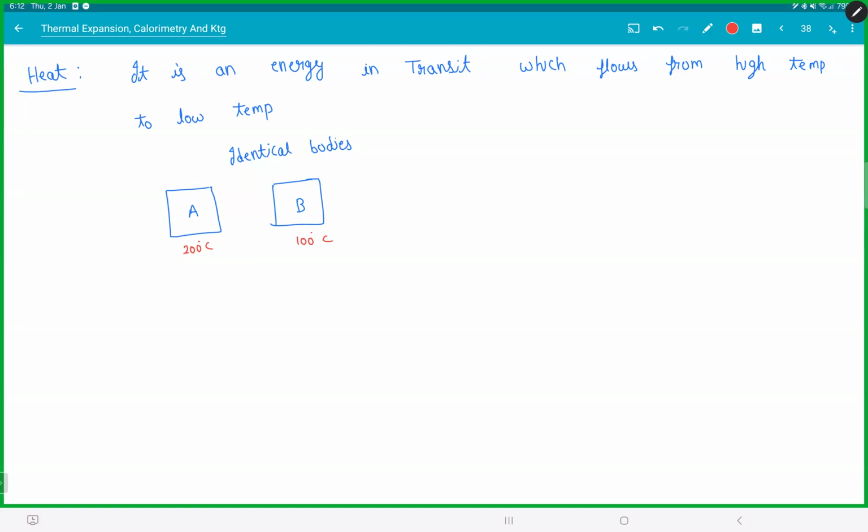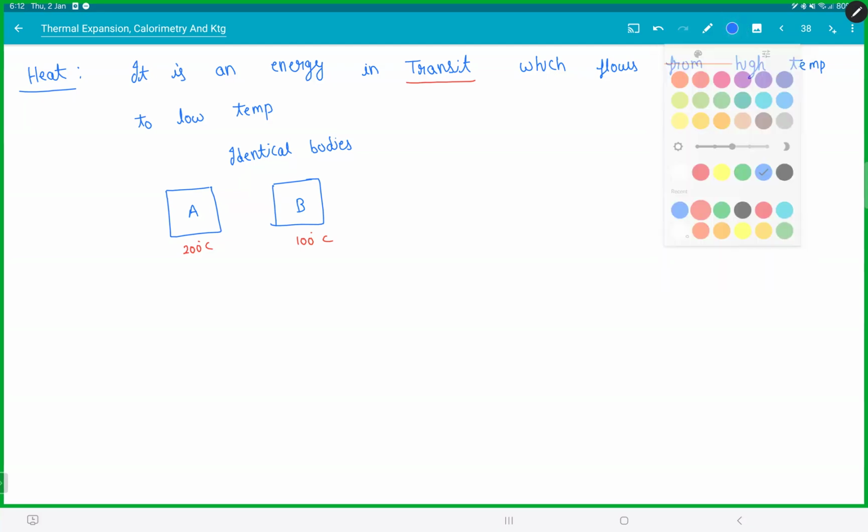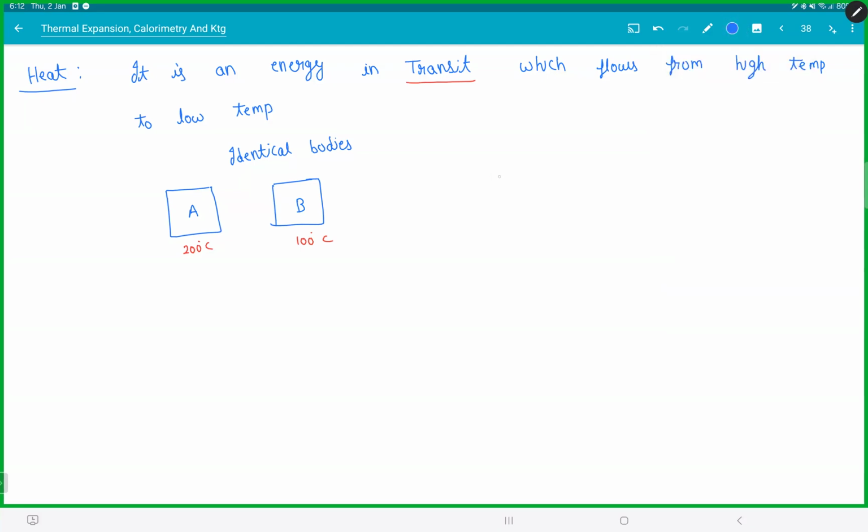Now the problem with that word is, look at the definition here. It is an energy in transit. So here the question, who has more heat, actually becomes a meaningless statement.